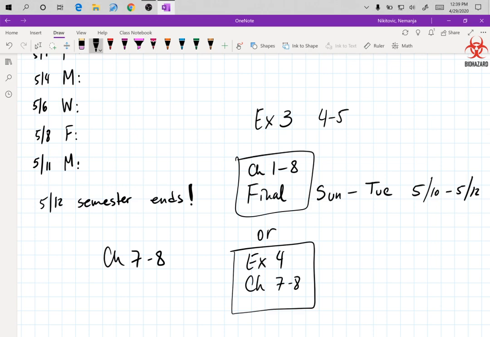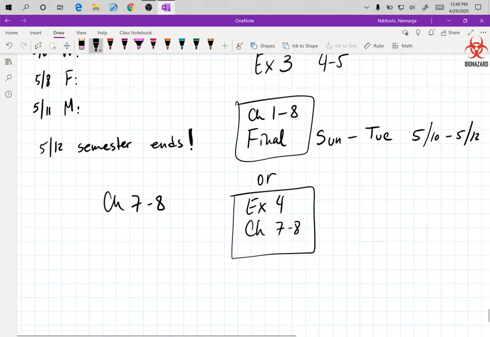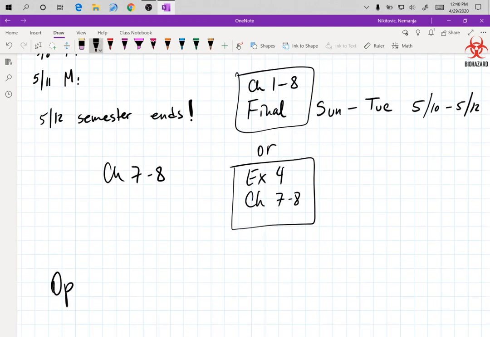And this is something that we have to do, because the problem is that the department made the final optional in a voting, and because the final is optional, the students who opt out of taking the final will take exam 4. The students who want to take the final will not take exam 4. So this is how it goes. Options.